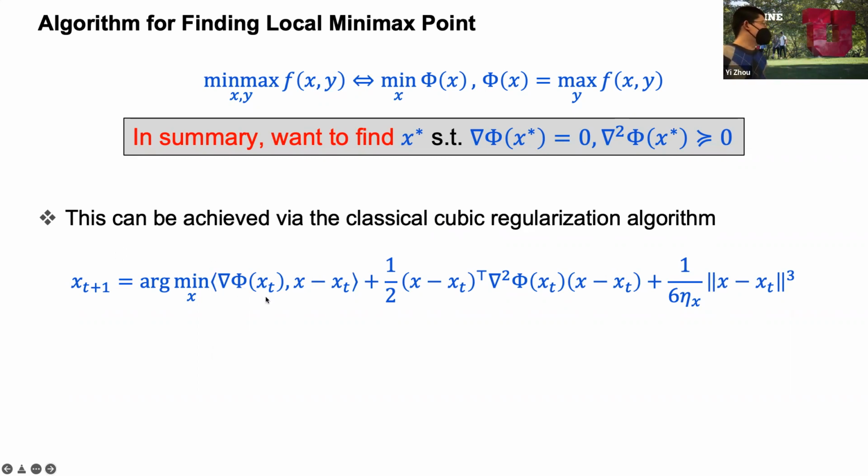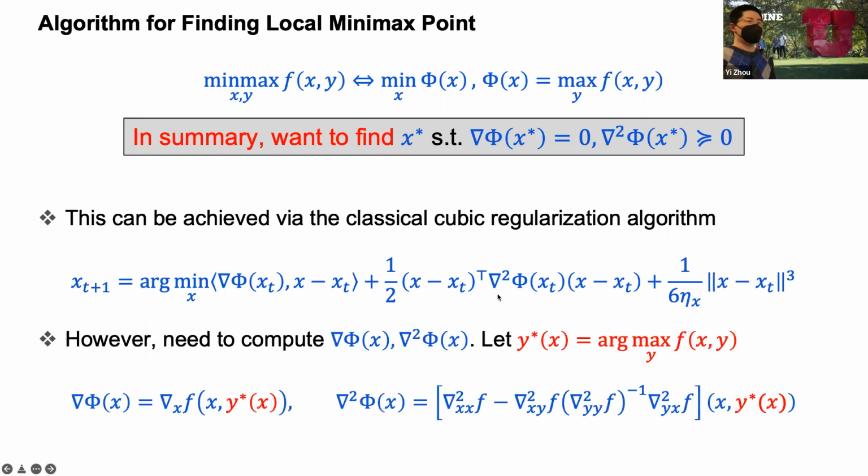But the question is, can we apply this algorithm directly here to find these points? And the answer is no. This is because in order to implement this algorithm, we need to compute the gradient and Hessian of this phi function, which, because phi is defined in a maximum form, are implicit.